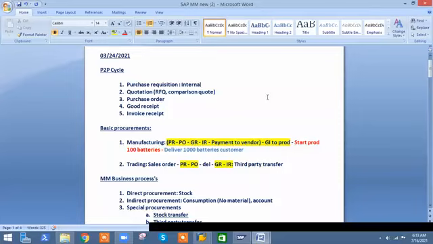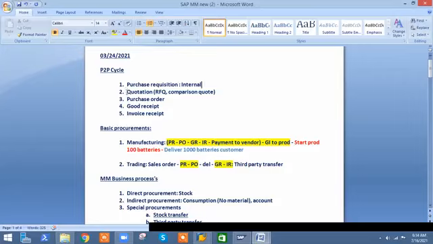Every day, each and every minute, they keep an eye on stock so that if the stock reduces below a defined limit, they go for procurement. So that requisition is an internal document. We will never send this document to the vendor.